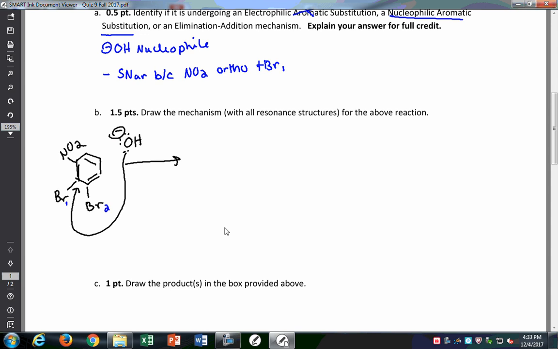If it attacked at BR2, we'd never get that more stable resonance structure that pushes the electrons onto the nitrogen. BR2 is just hanging out. Nothing's occurring at BR2.